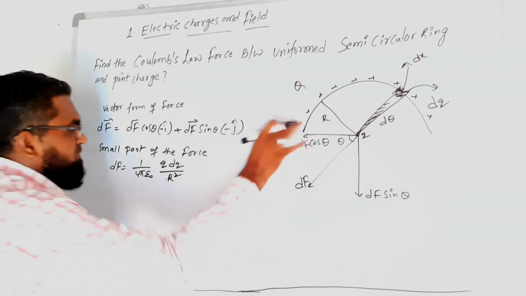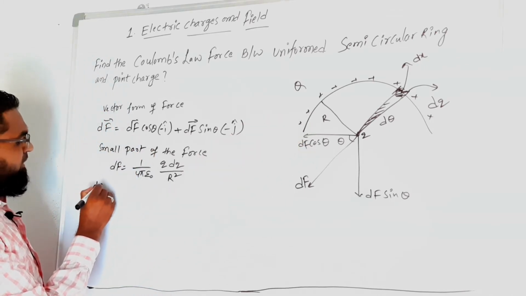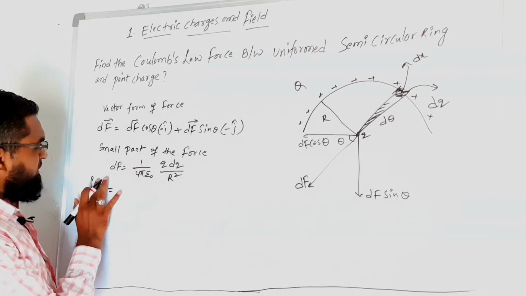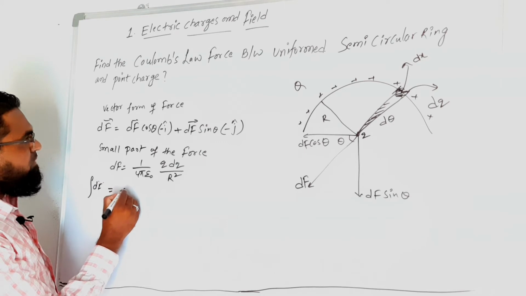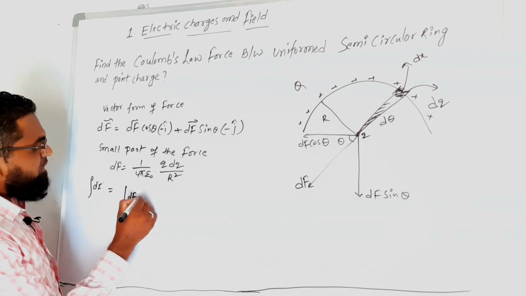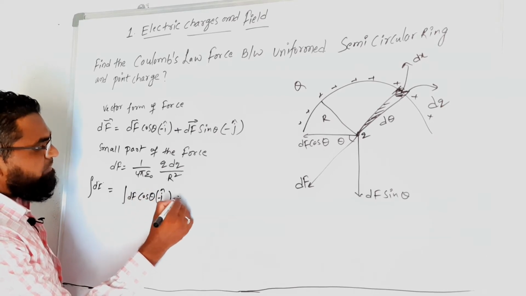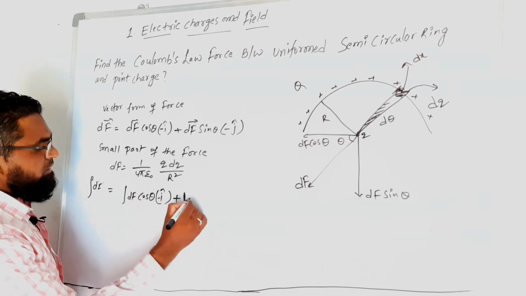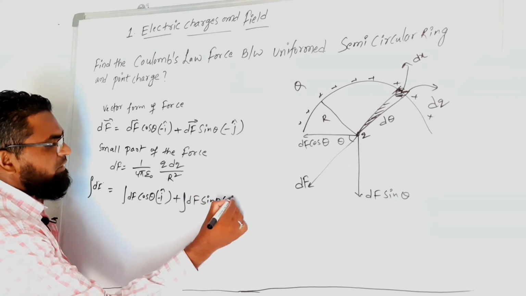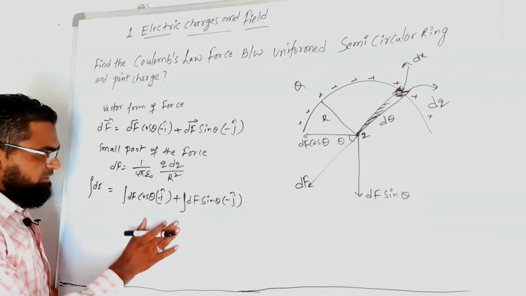Next, substituting in the equation, integrating both sides, the magnitude relation: df equals integration df cos theta i cap minus i cap plus integration df sin theta minus j cap.